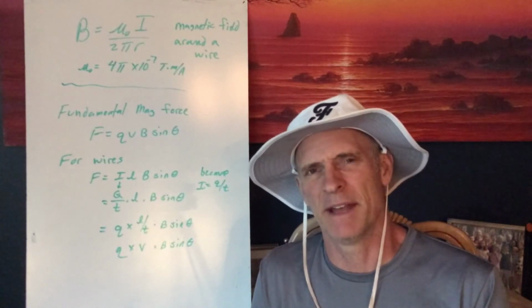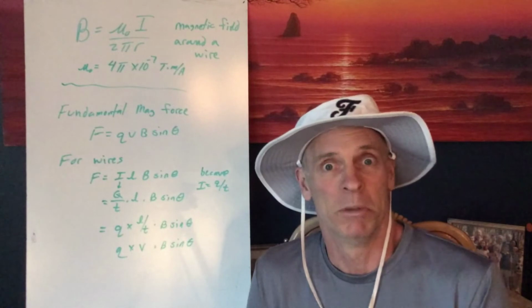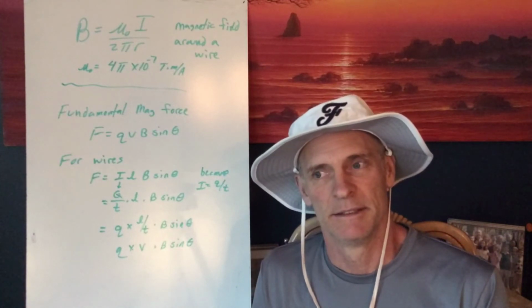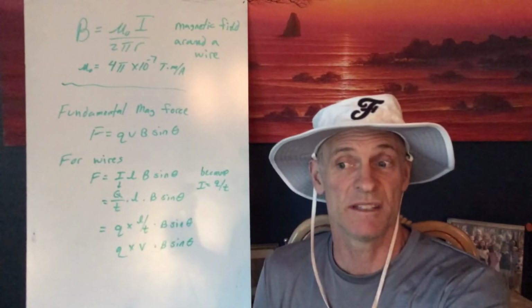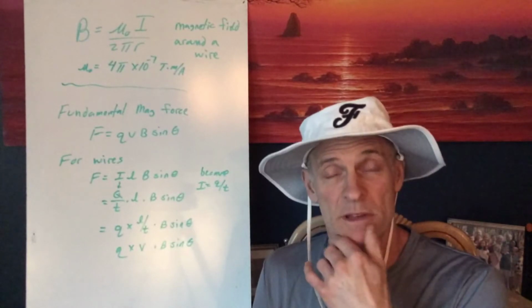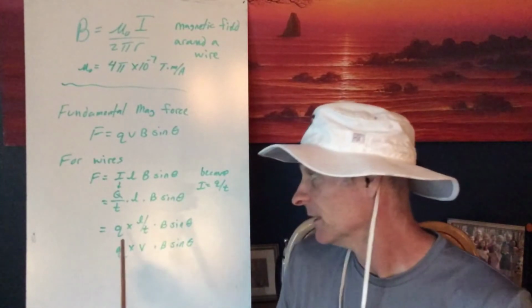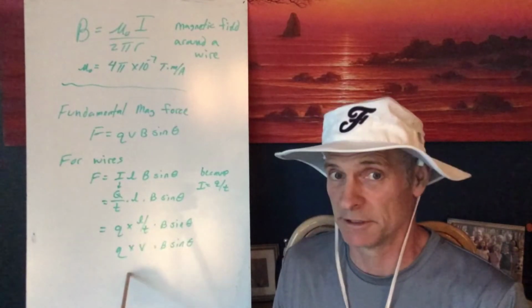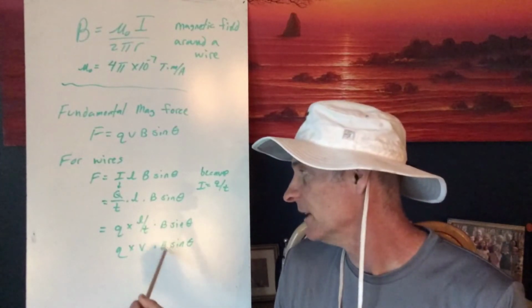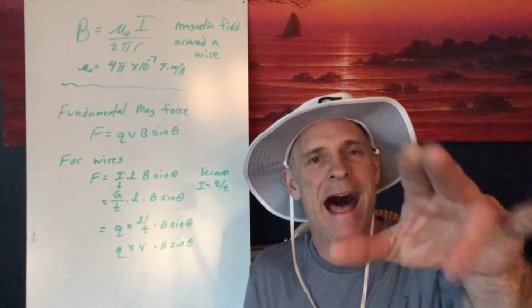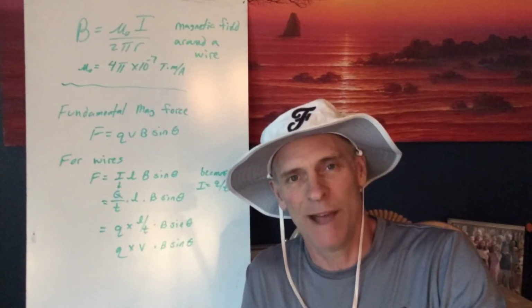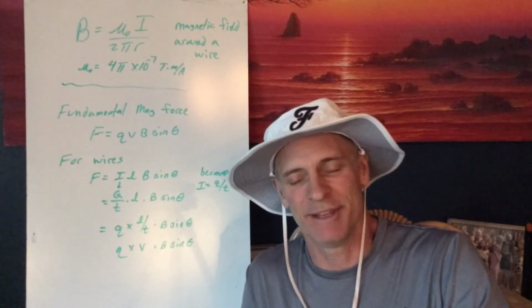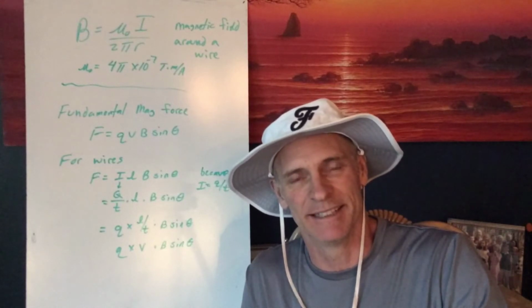So length divided by time is simply velocity. How far something is in how much time represents a velocity. So charge times L divided by T, which is the same thing as V, times B sine theta. So ILB sine theta for wires is really the same thing as QVB sine theta.